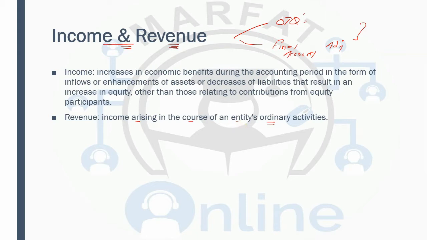Similarly, the proceeds from the sale of a non-current asset, and all other incomes like rental income and interest income, cannot be recognized as revenue. But say, for example, if I am a property agent, now agency is my ordinary course of business. In that case, the agency fee is revenue. But other than that, if I am earning some commissions, acting as an agent, but that is not my ordinary activity, that cannot be classified as revenue.